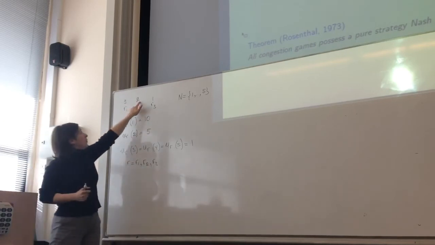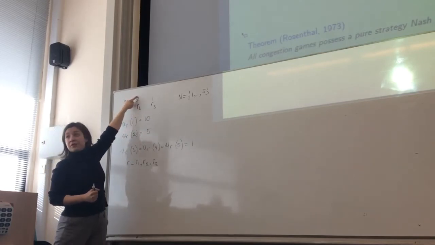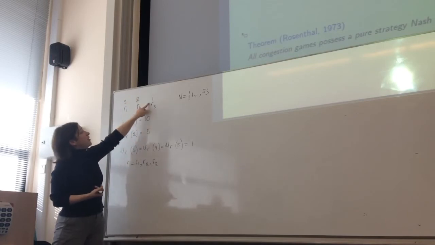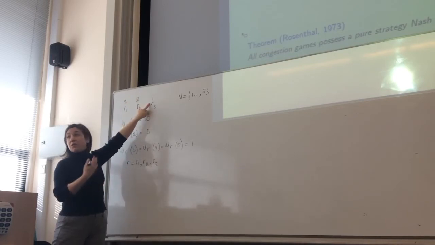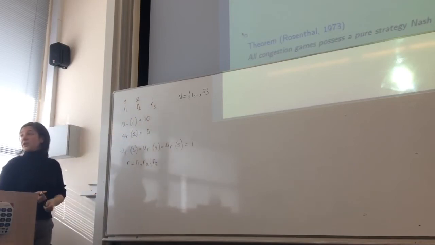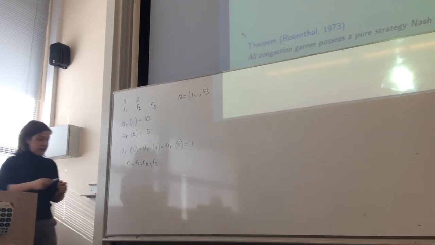Right? Anyone from here, if they deviate to the resource with congestion 2, they will only decrease their utility. Deviating to resource R3 will not make a change. This guy doesn't want to deviate because there will be a decrease in his utility. So that's an example.